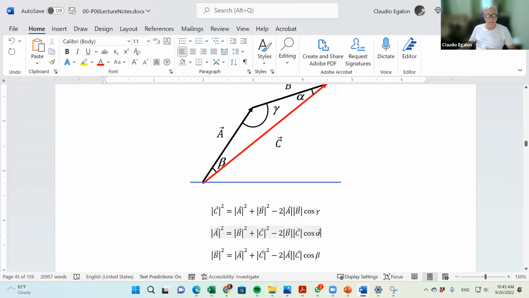Side C, opposite angle to the side C, gamma. Side A, opposite angle to the side A, angle alpha. Side B, opposite angle to the side B, angle beta. Can you memorize that? If you display it like that, it becomes easy to memorize, right?